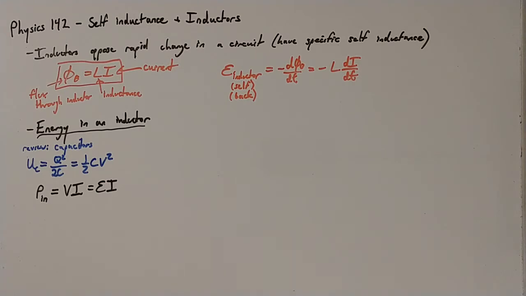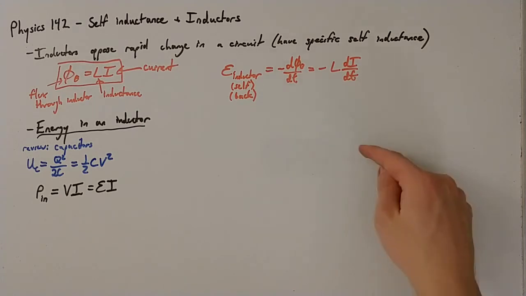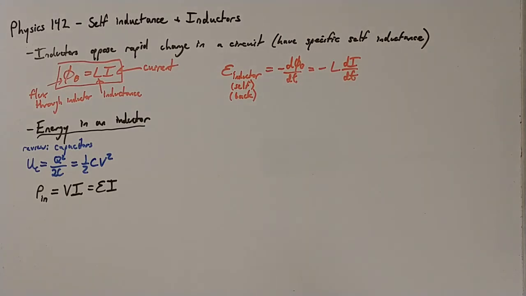So now inductors, it turns out, can also store energy. If you want to make some current flow through all those loops in an inductor, well, inductors don't want current to flow through them. They want to stay right where they are, initially at zero current. So if you want to get some current flowing, it's going to take some energy.